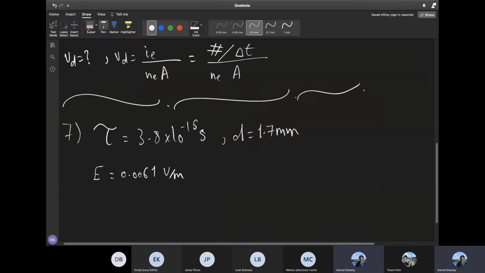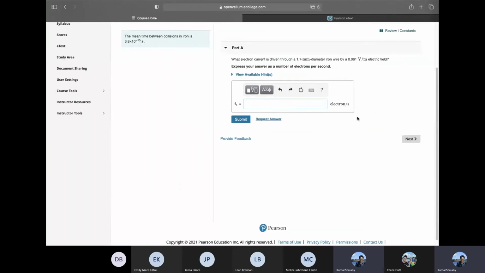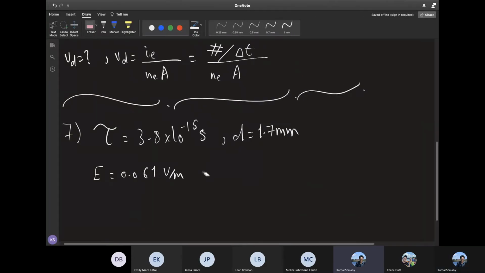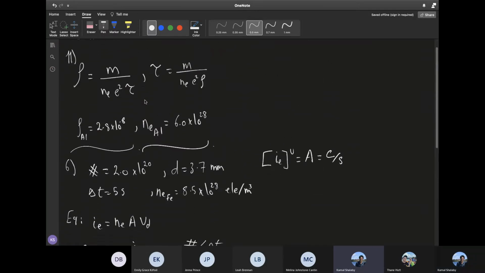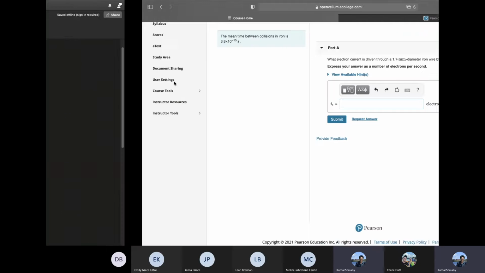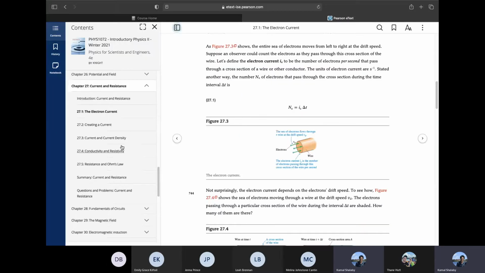I added an extra 0. And we want to find the electron current. So again, just using the equation found up here, we can use this one, but I do believe there's another equation we can find.